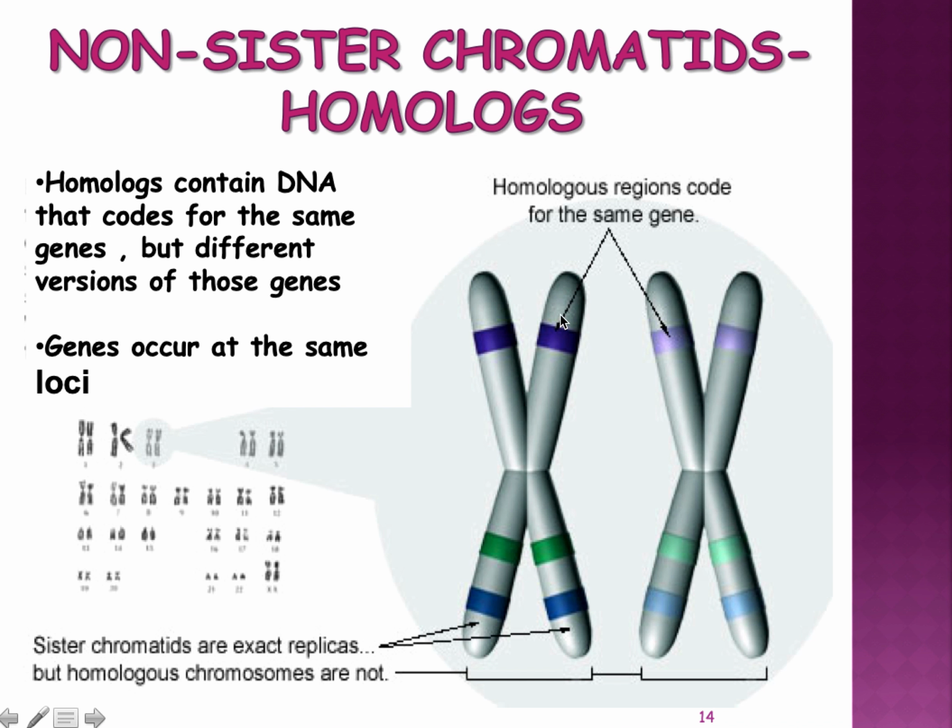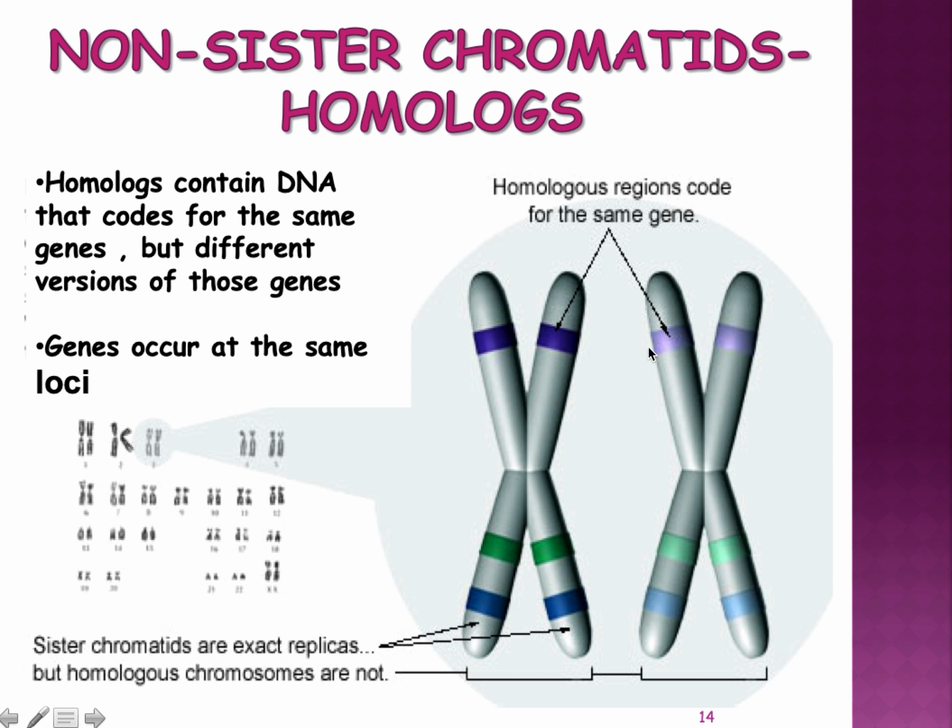So say this dark purple would code for, let's say, eye color. Okay, so if the dark purple codes for eye color, you could think of it as blue eyes. And then let's say the light purple, that lavender, codes for green eyes.